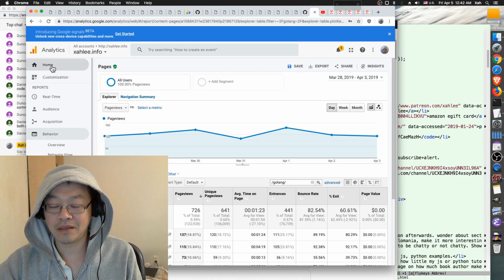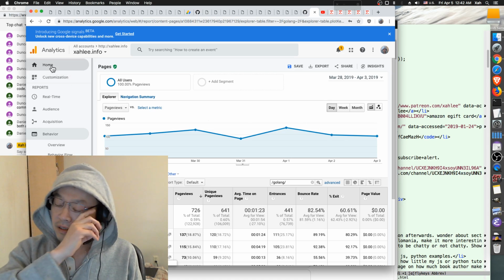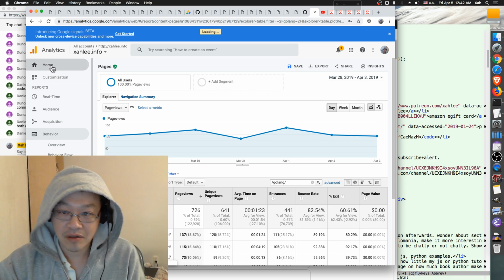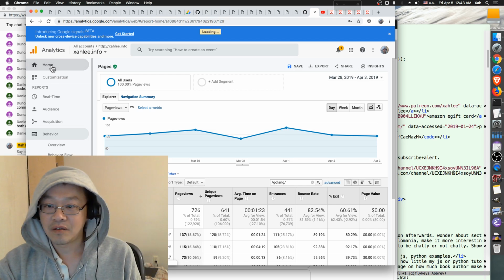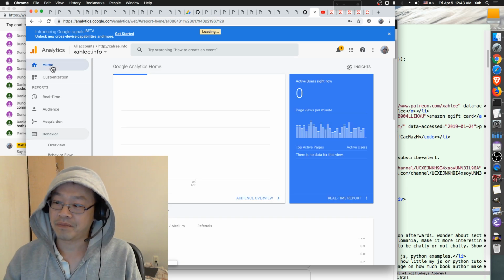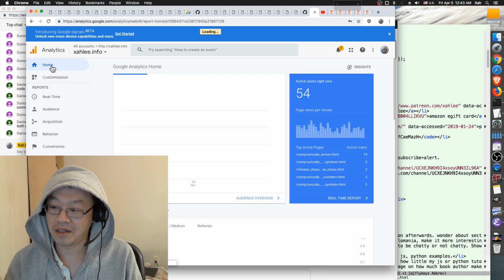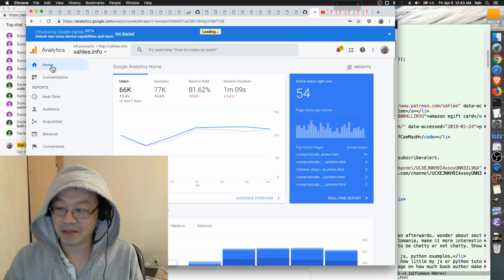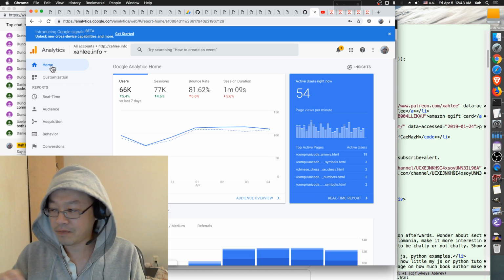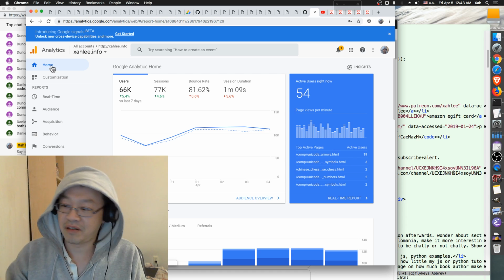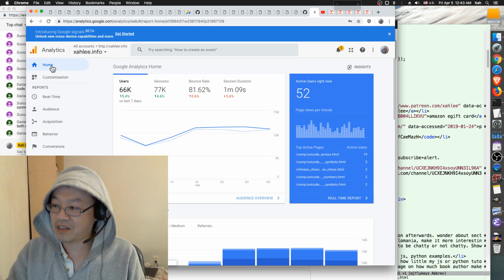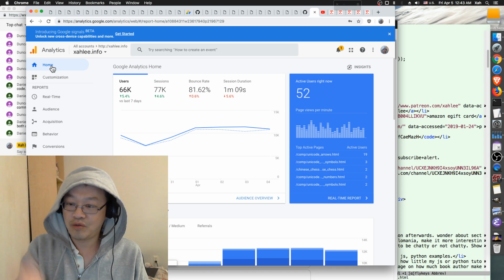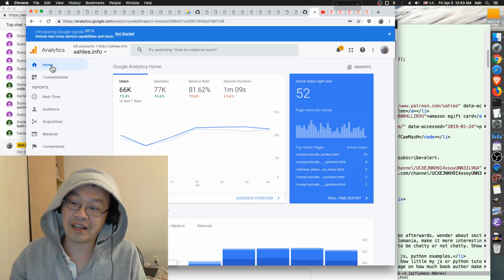So if you look at my website, this is Google Analytics. Google Analytics is a kind of marketing tool. It gives you statistics about your website, about who is viewing it, how much you made, on what page, the audience's interests, gender, age group, and things like that.